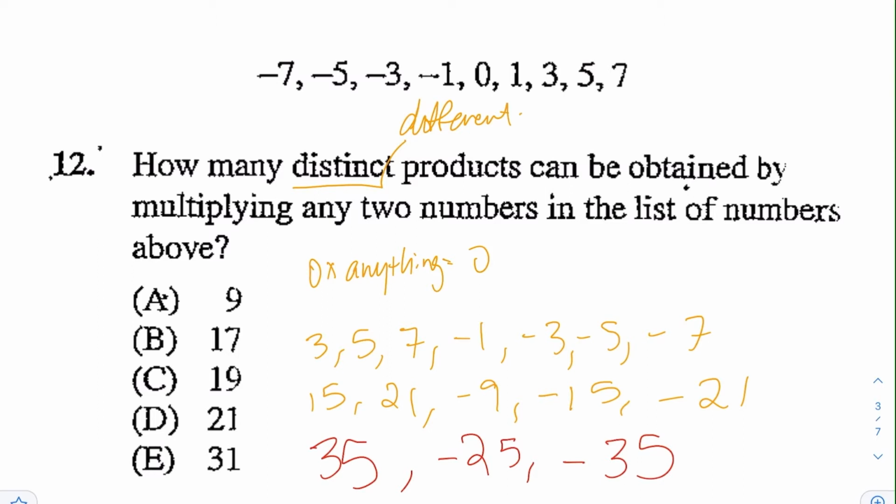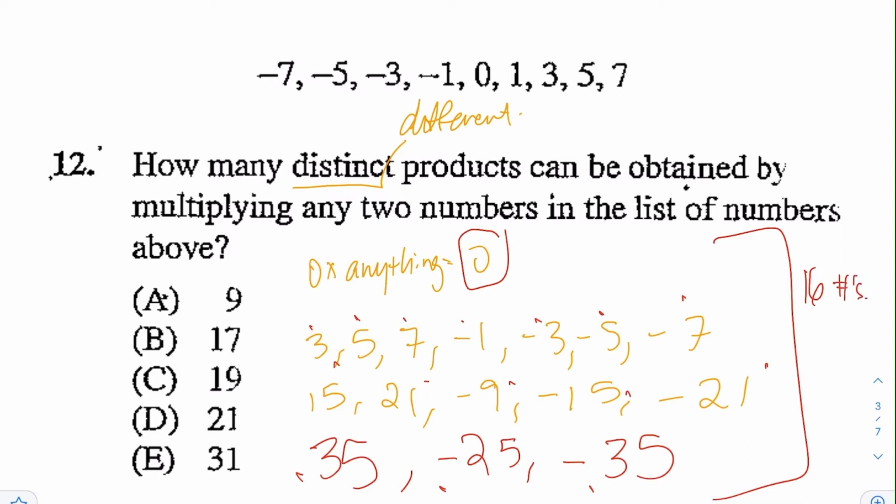All right, so far you have 1, 2, 3, 4, 5, 6, 7, 8, 9, 10, 11, 12, 13, 14, 15, 16 so far. And then the last pair is going to be the 7s.